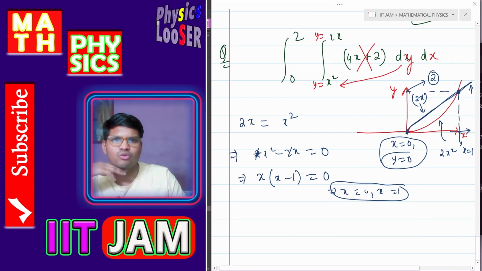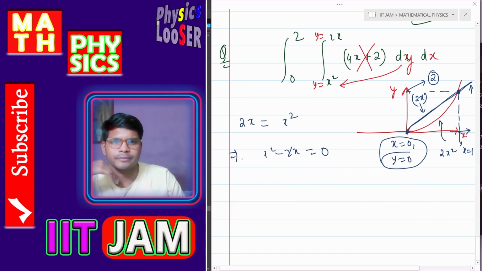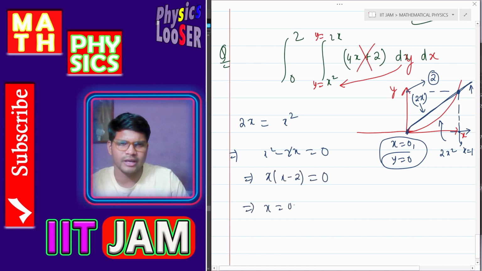So this is x square minus 2x, and I got over here x times (x minus 2) is equal to 0. Therefore, either x is equal to 0 or x is equal to 2. When you have x is equal to 2, then this will become 4, and this will become 2.